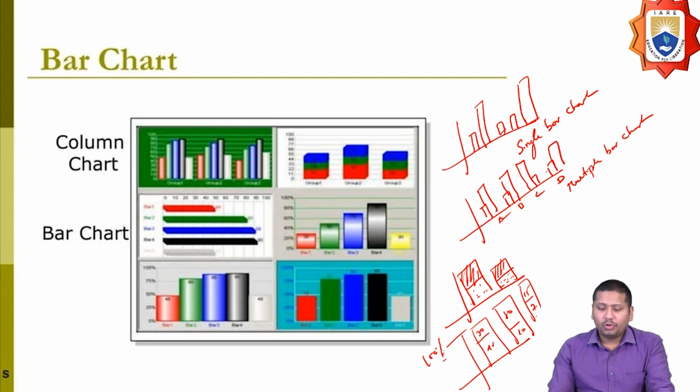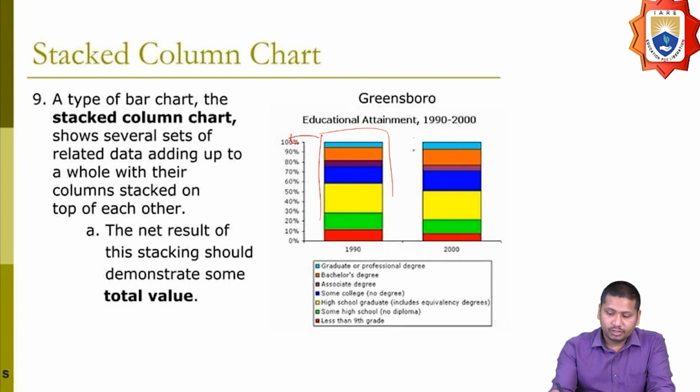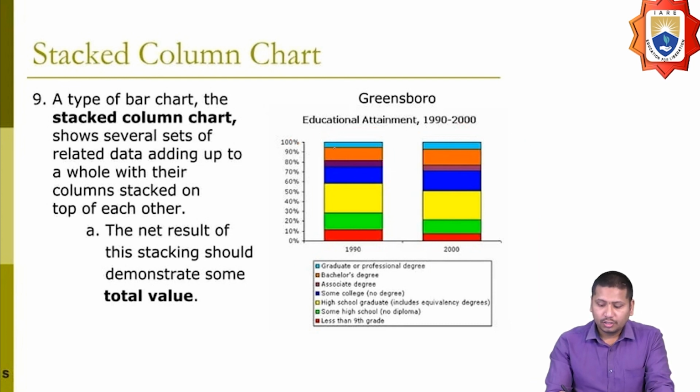Like this, I can represent the different types of bar charts. So, the stacked column chart, just now what I said: each and every rectangle bar is mapped to 100%, and each bar is divided into different portions, what we call the stacked column chart.